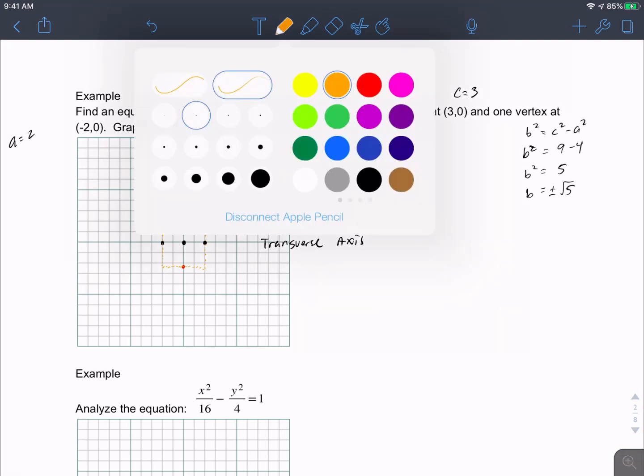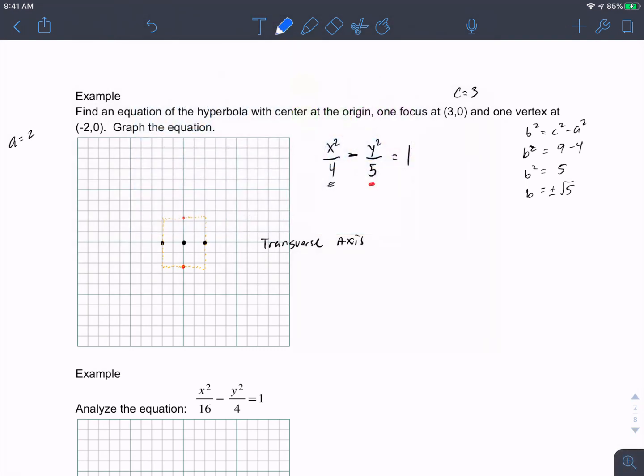And from this box, we can create our asymptotes for our hyperbola. It's pretty neat because it's going to be quick for us to graph this. So again, this was the square root of 5, this is negative square root of 5, this is 2, and this is negative 2.